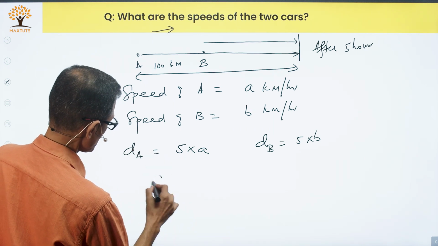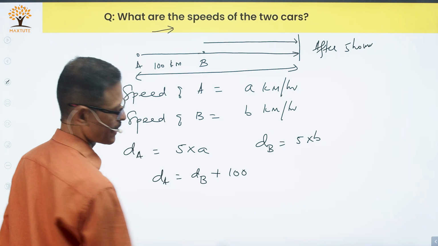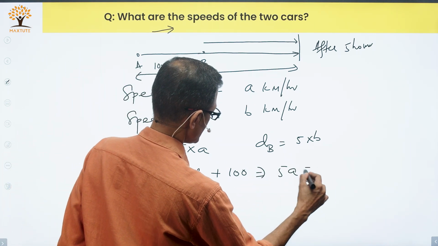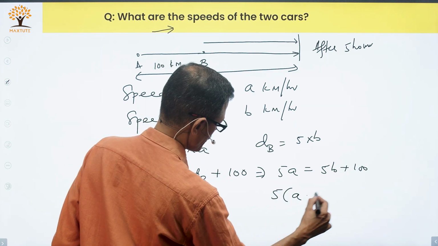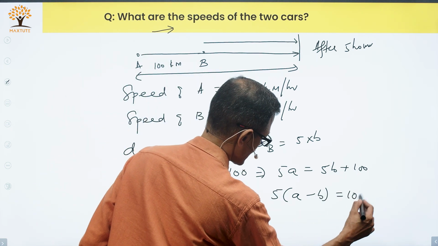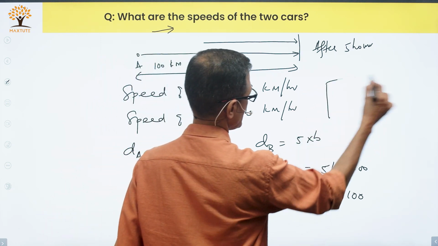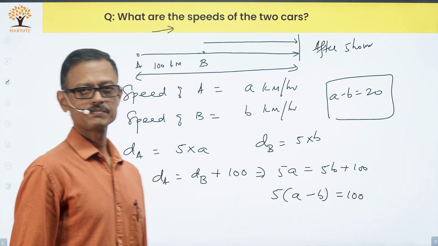So distance traveled by car A is equal to distance traveled by car B plus 100, which is essentially 5A is equal to 5B plus 100. Taking this term to the left hand side and taking 5 common, 5 times A minus B is equal to 100, which translates to A minus B is equal to 20. I'm taking that as one equation.